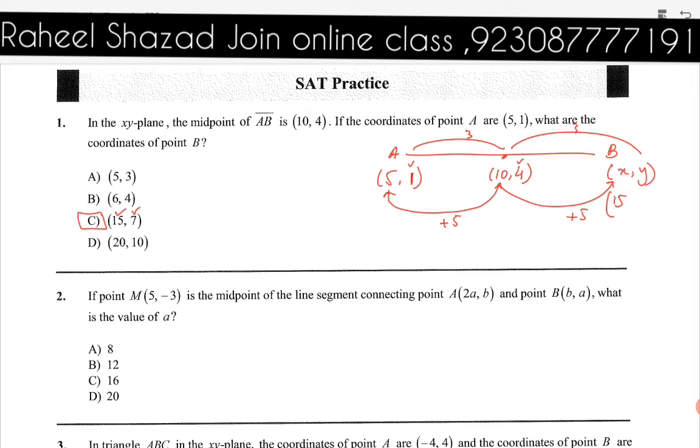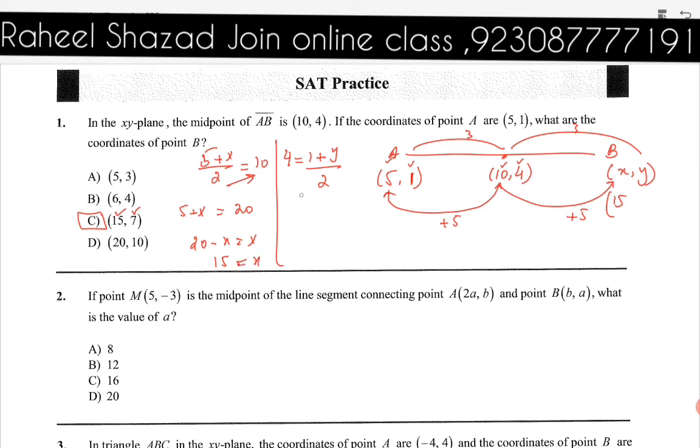Yes, if you want to do it directly, then it would be (5 plus x) divided by 2, like (x1 plus x2) by 2. The x coordinate of the midpoint is 10, and for y, it's (1 plus y) divided by 2, and the y coordinate is 4. So 20 is equal to 5 plus x, and 20 minus 5 is 15.